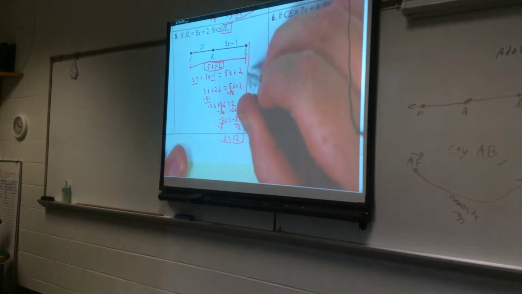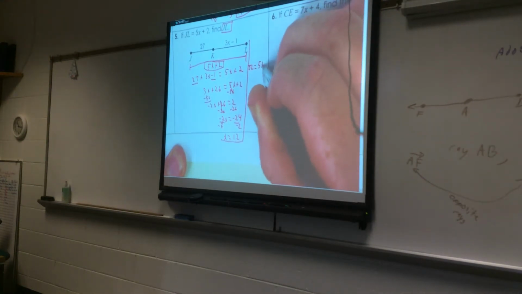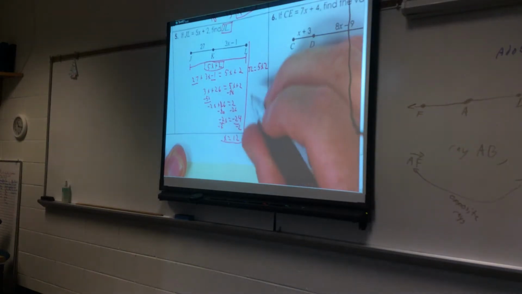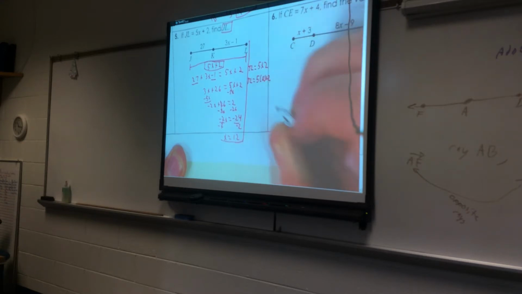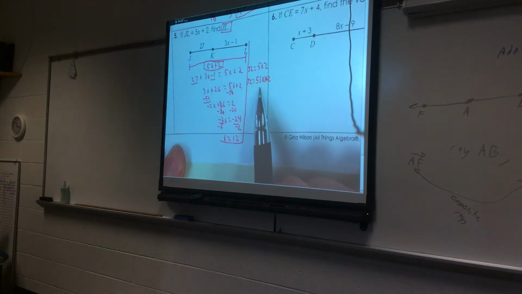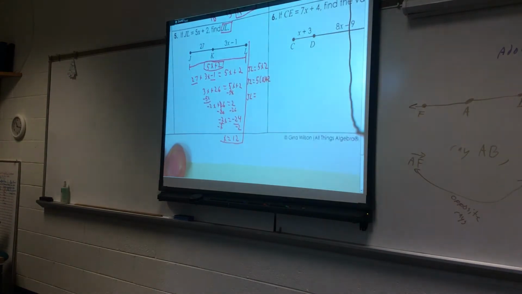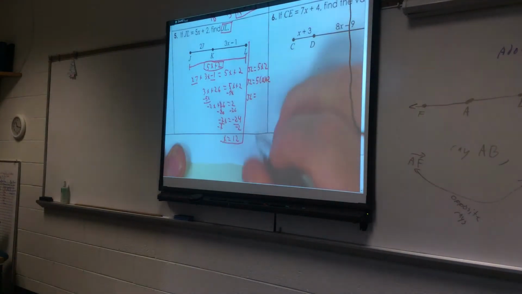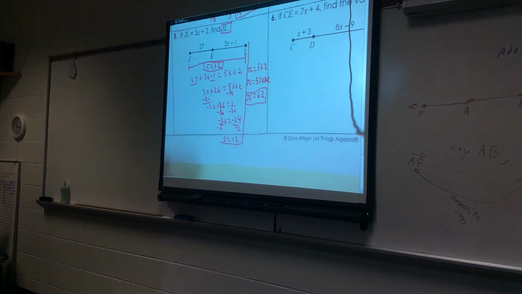So if I know that JL equals 5x plus 2, replace the x with 12. So now I have JL equals 5 times 12 plus 2. 5 times 12 is 60. 60 plus 2 is 62.